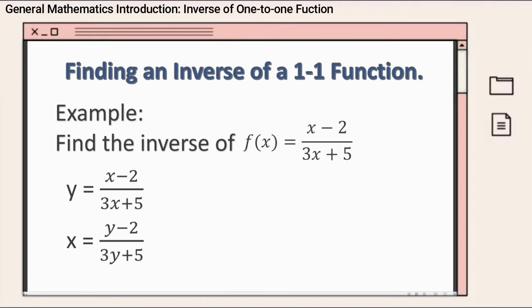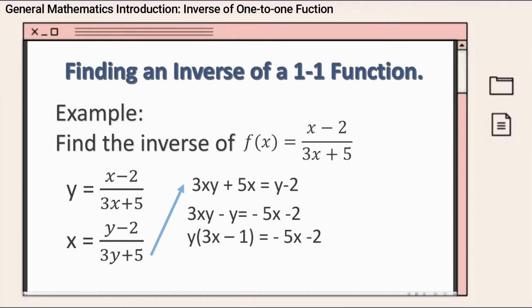So what actually happens here is we cross multiply both sides. So as a result, we have 3xy plus 5x is equal to y minus 2. Then we combine like terms. So we have 3xy minus y is equal to negative 5x minus 2. Then we factor out y. Then we have this.